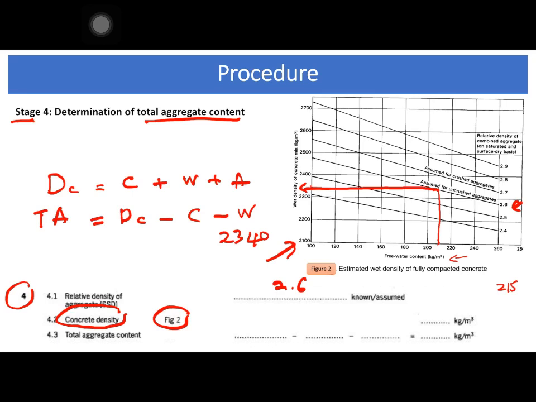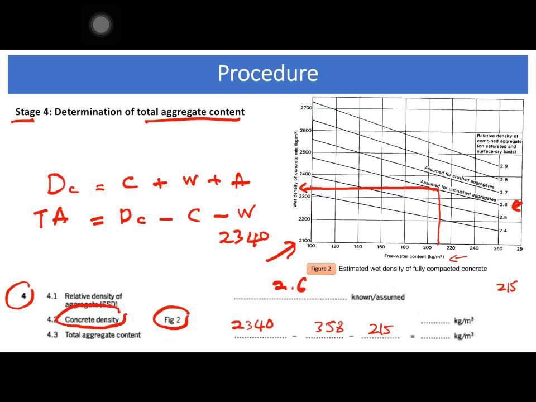So you can have that total aggregate content is equal to 2340 minus cement content, 358, and then minus water content, 250.